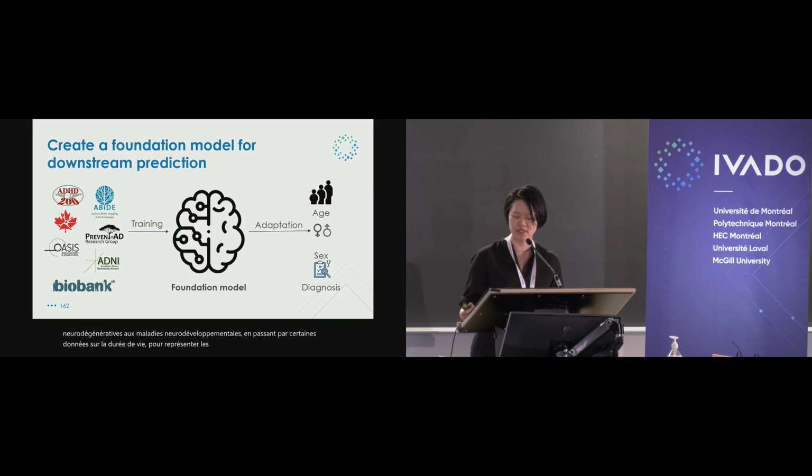And we will use the graph convolution autoregressive model to train our foundation model. With this foundation model, we hope to predict various types of downstream tasks. For example, use the features we extract in the foundation model to predict age, to predict sex of the subjects, and eventually we can do this on diagnostics.